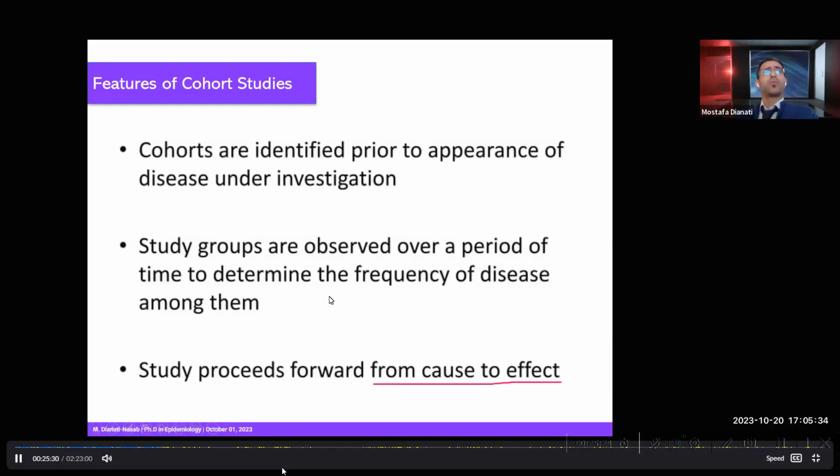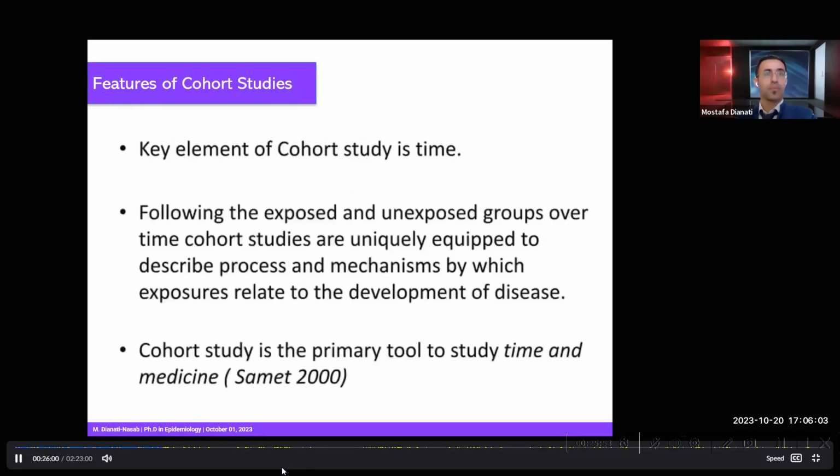So I tried to cover this slide in my previous presentation. Just remember that in cohort studies, we will look forward to see the effect of exposure on our health, from cause to effect. So this is the cause of the disease, and here is the effect. And the key element of cohort studies is time. Why time?